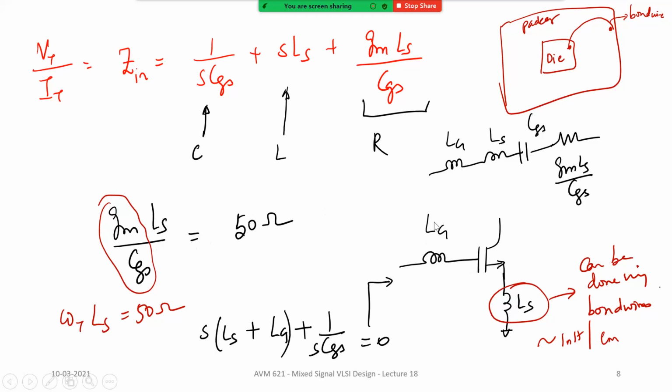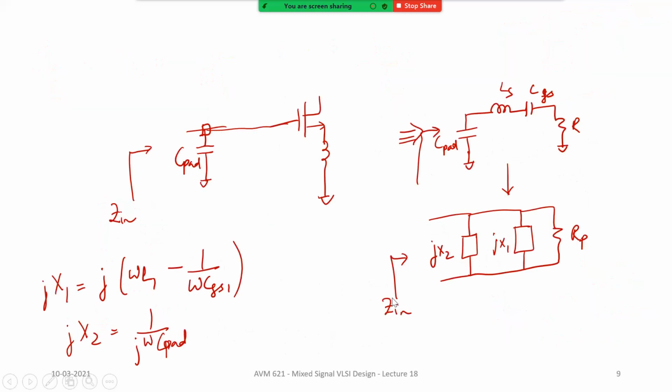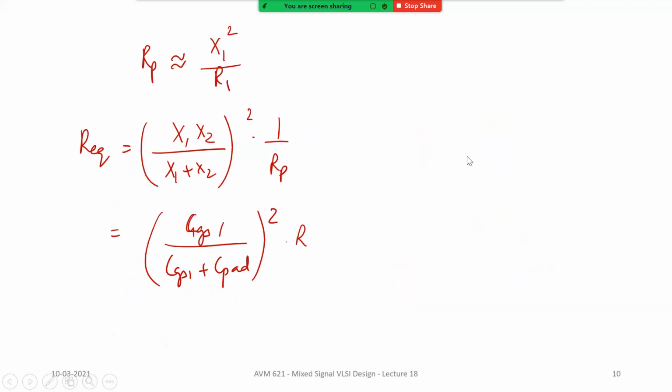And we also saw that we will have an external inductor LG to tune out the reactance to get a real part. Now, towards the end of last class, I said that that's not the whole story. You have a pad capacitance here, and that is going to change the impedance. So I gave you these equations and I asked you to derive them.